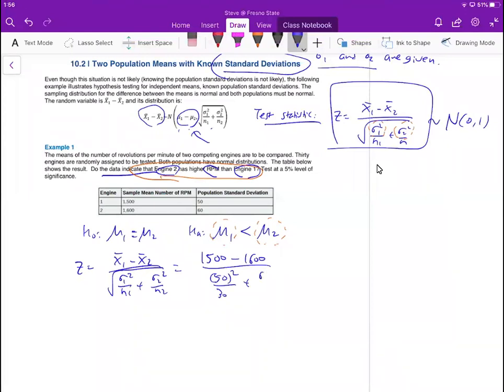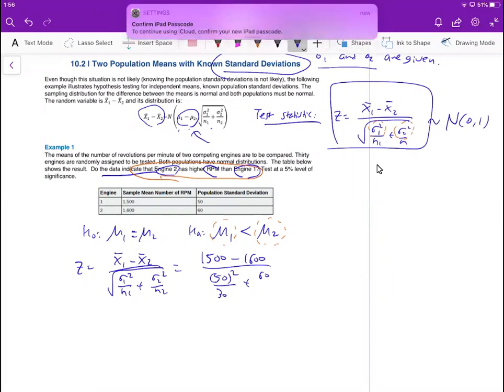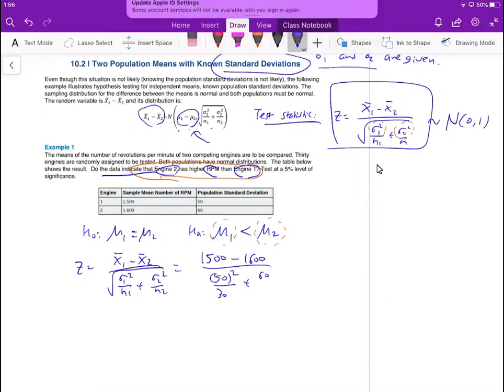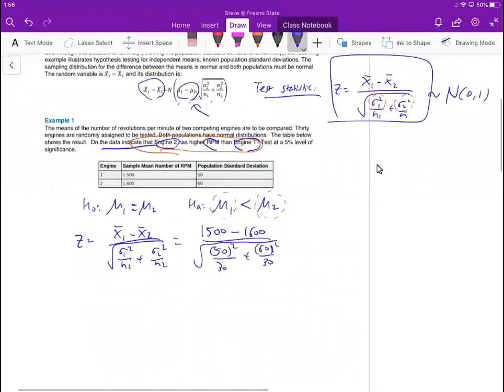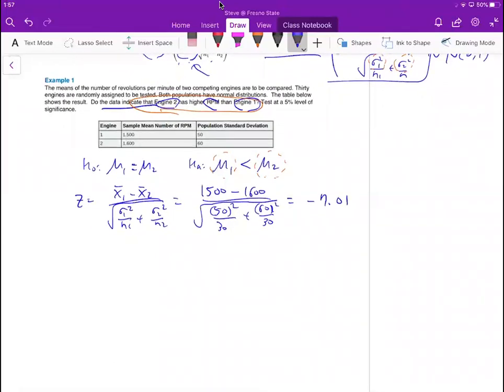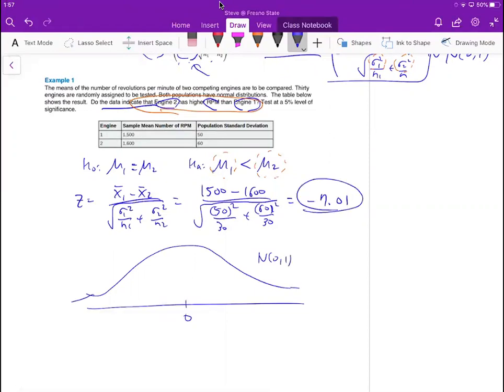Okay, plus 60 squared over 30. Let me compute this and see what the value is. So this is about negative 7.01.